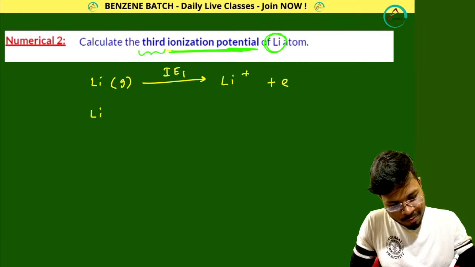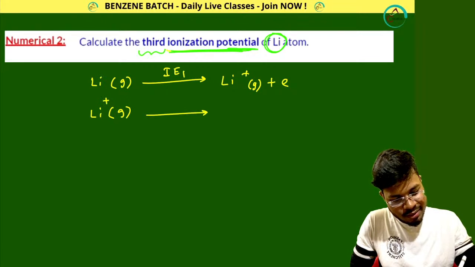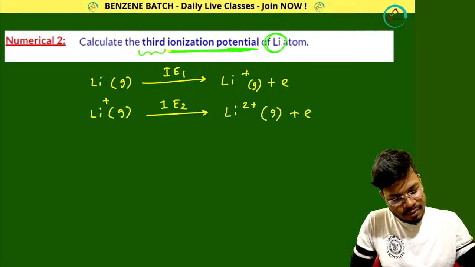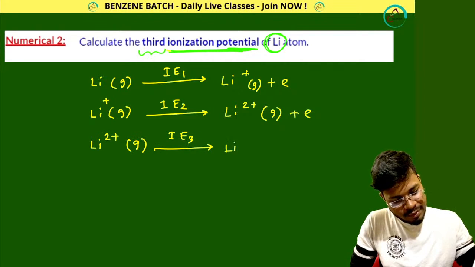Second, in case of lithium plus gas ground state, IE2, gives lithium 2 plus. And this is my Li2 plus, IE3, lithium 3 plus.